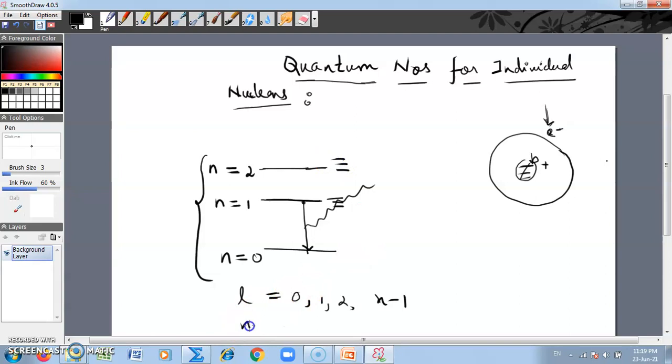So if n is equal to 2, then what happens? We have L equal to 0 and 1. So that means what actually looked like one energy state has got 3 different states associated with it.